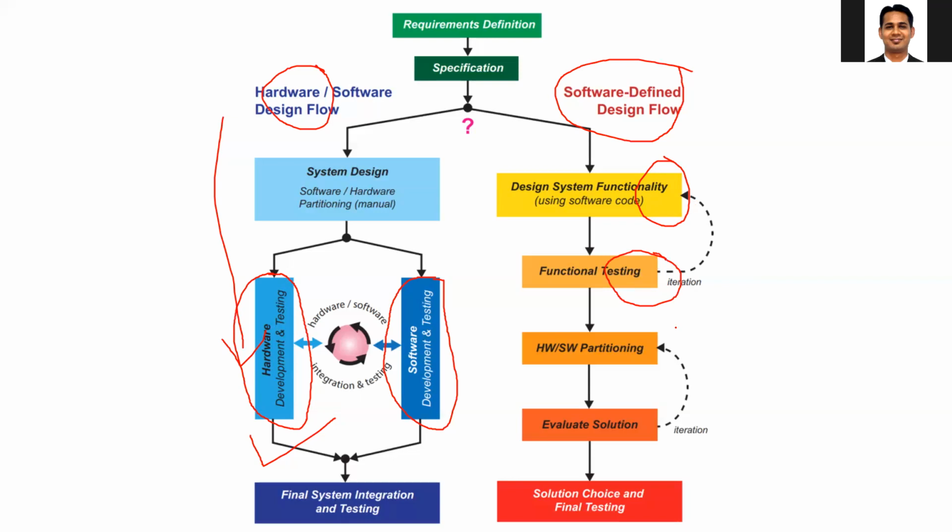So you divide your C code between the hardware and the software, and the tool will take care of the creation of the assembly language code for the software part and the creation of the Verilog code for the hardware part. So you don't need to worry about writing separate code for each section and then integrating. Integration is completely taken care of by the tool.